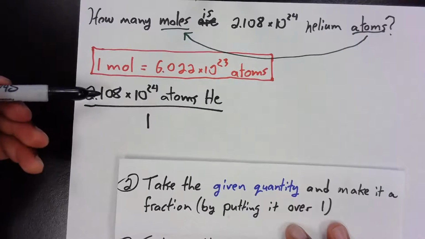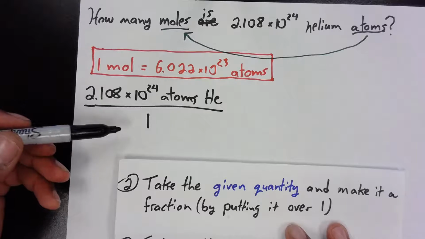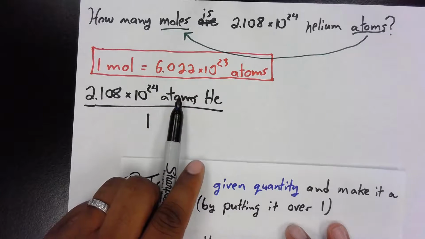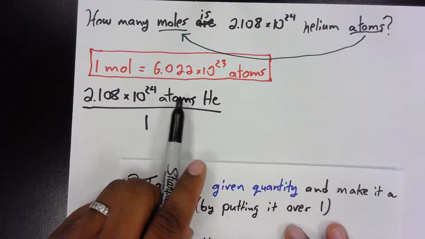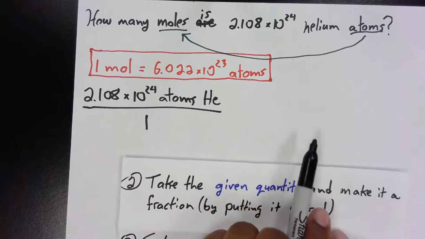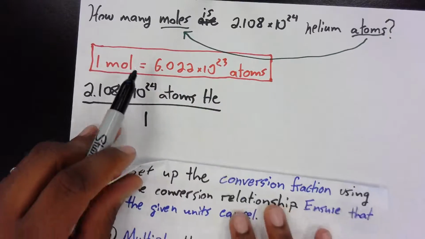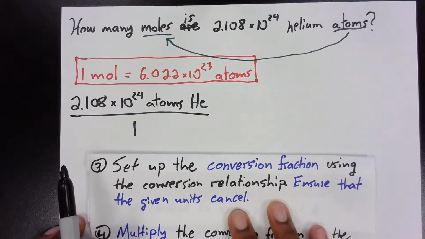That way I have a numerator and a denominator, a top and a bottom. And that's useful because now I can say I have atoms on top. And the fact that I have atoms on top is going to tell me how I set up my next step. The next step is to set up the conversion fraction using the conversion relationship.